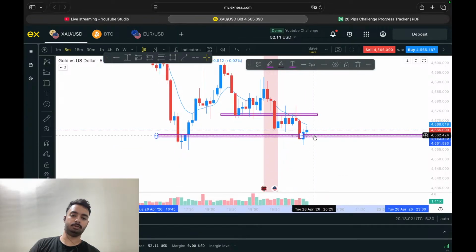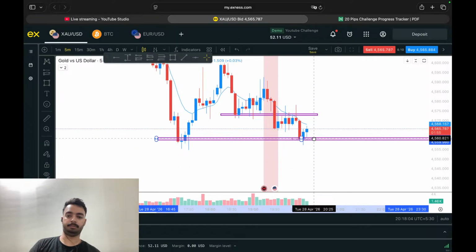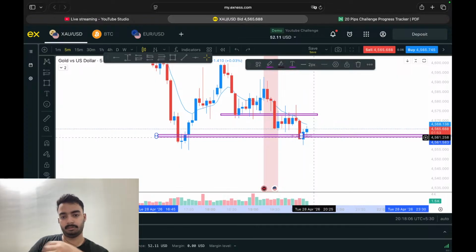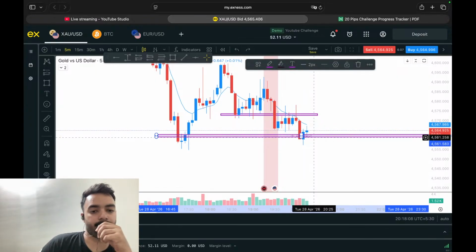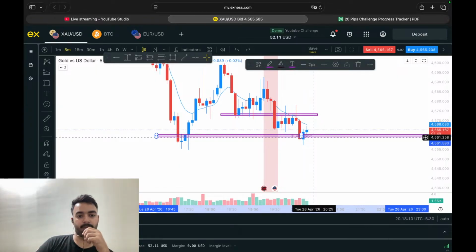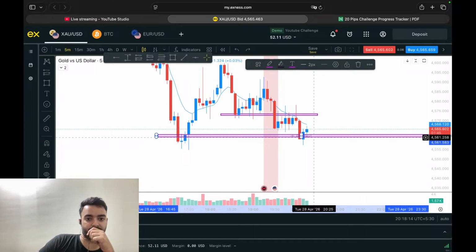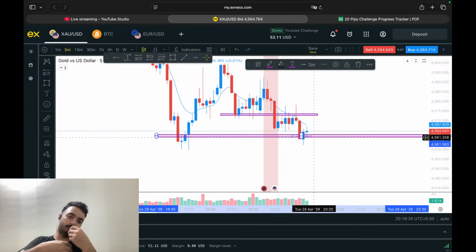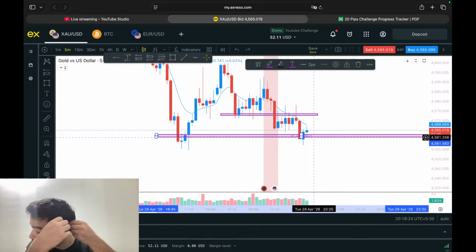It's always good to wait after the price closes breaking a support or resistance, because then we just have to wait for the next candle to form. And like here in this situation, we saw that it formed a bullish candle.